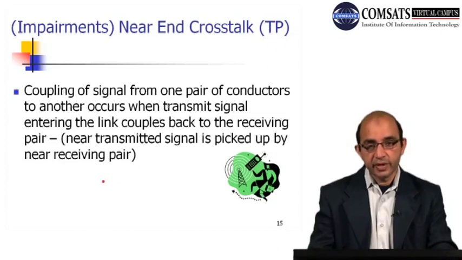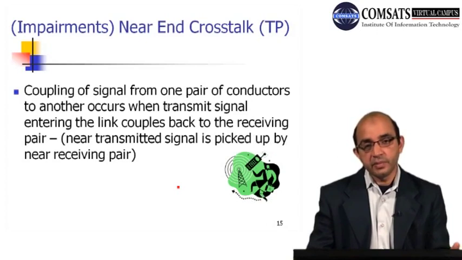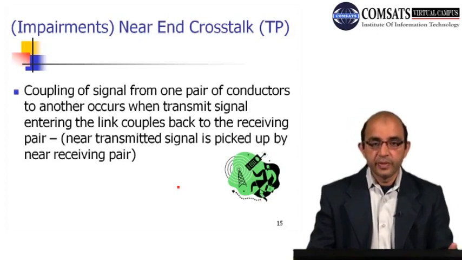So whenever the current flows, electrons will move from source to destination. As a result of the movement of electrons, there will be coupling of electric field and magnetic field. That coupling can be induced onto some other pair, so there can be crosstalk as a result of this coupling, right?